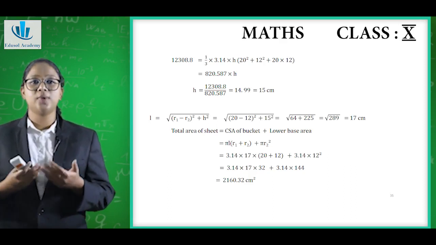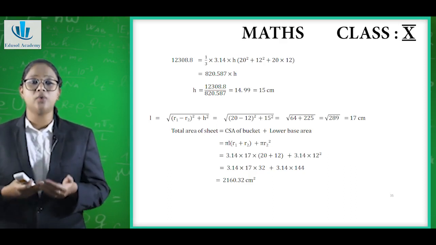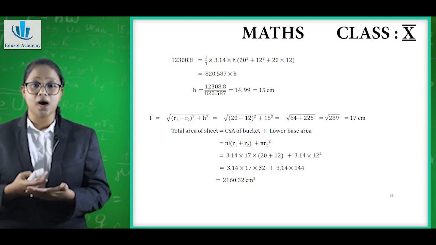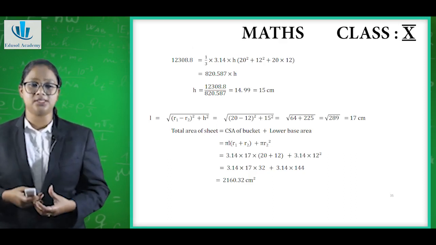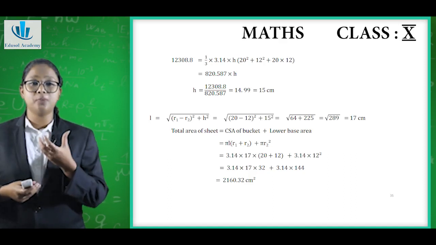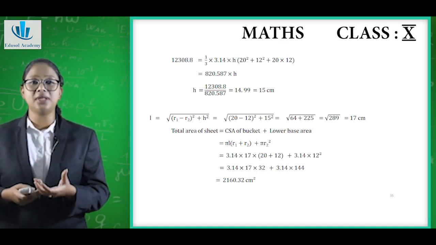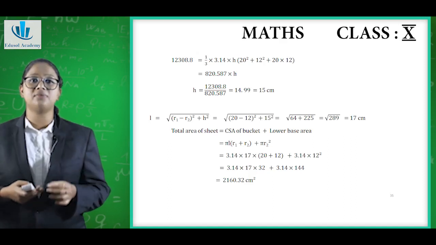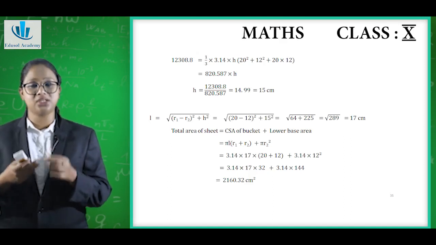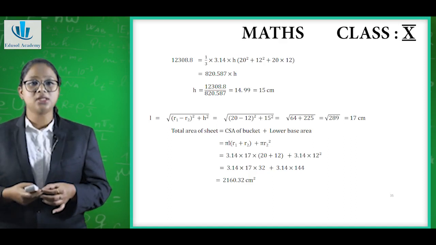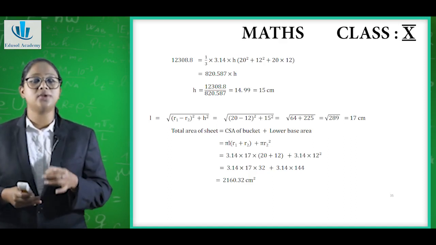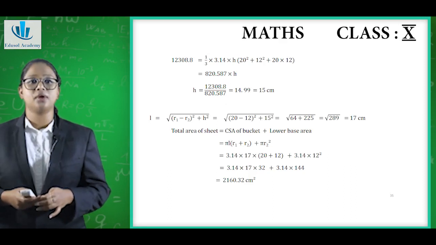So the equation will be pi L into (R1 plus R2) for the CSA plus pi R2 square, where R2 is the radius of the smaller base. Upon putting in all the numerical values given in the question, we can solve the equation and we get the total area of the sheet as 2160.32 centimeters square. Thank you.